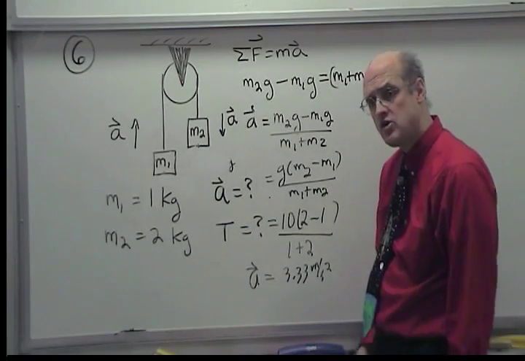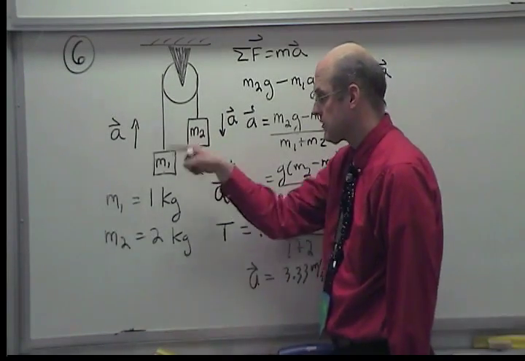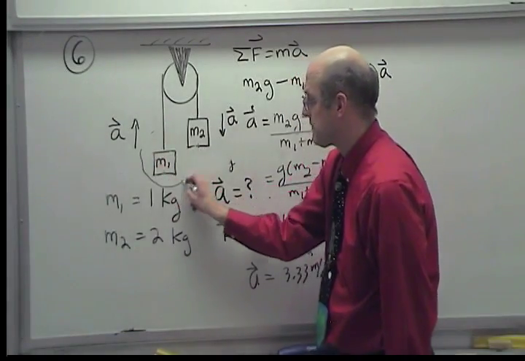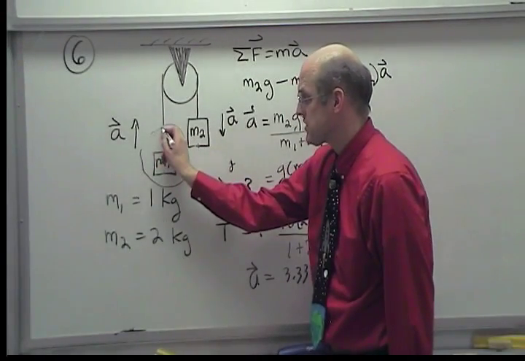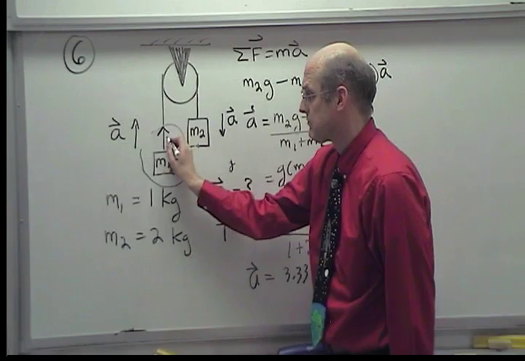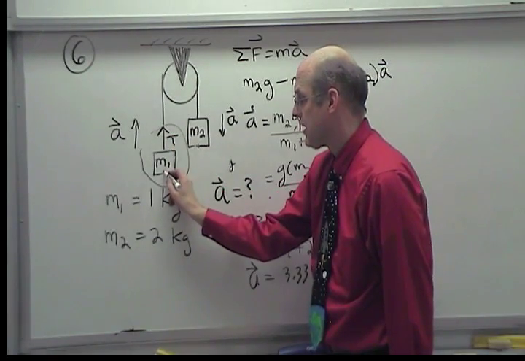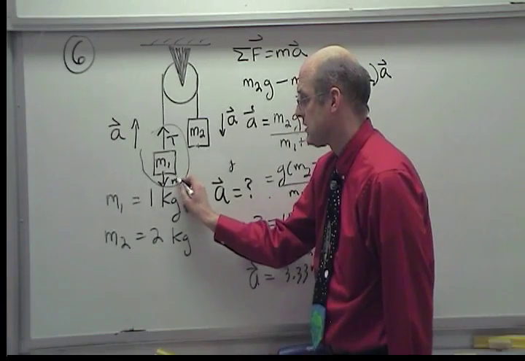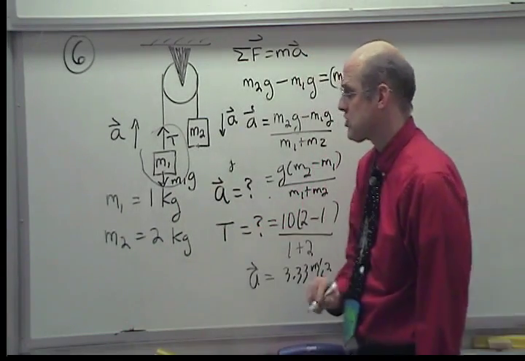Now to find the tension, what we need to do is isolate either M1 or M2. If we isolate M1, then we see that tension is an external force, T, and M1's weight is also, of course, an external force, M1G.